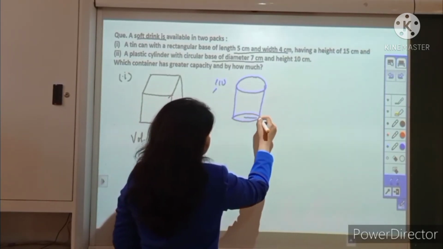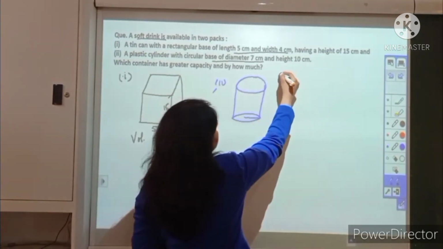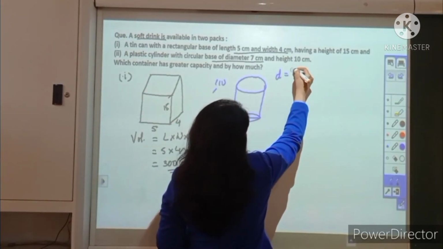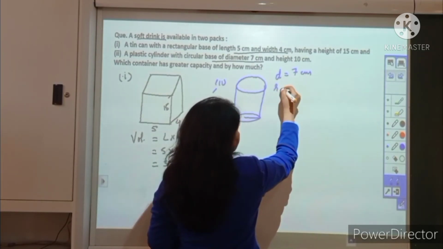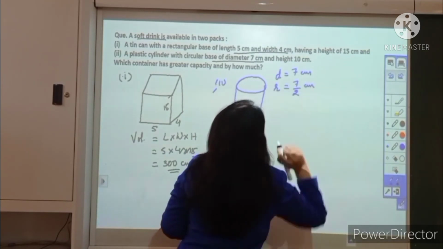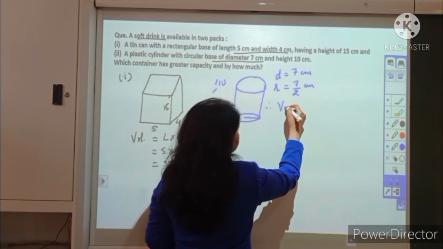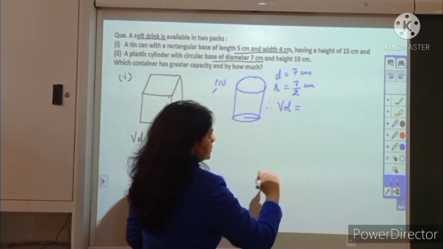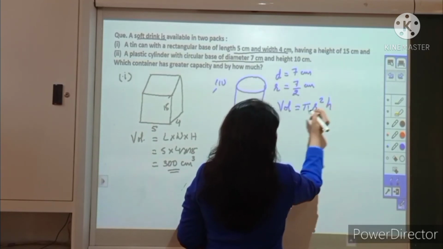So base radius is 7/2, since diameter is 7 centimeter, radius is going to be 7/2 centimeter. Therefore, volume of cylinder is pi r squared h.